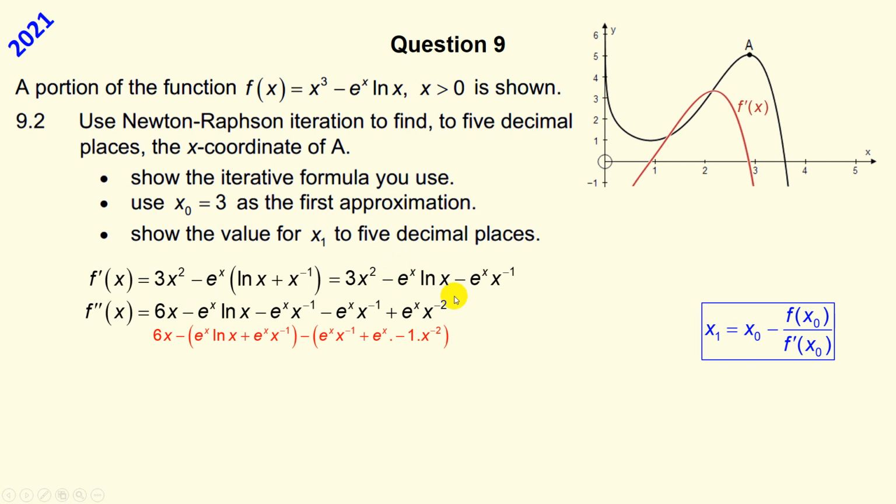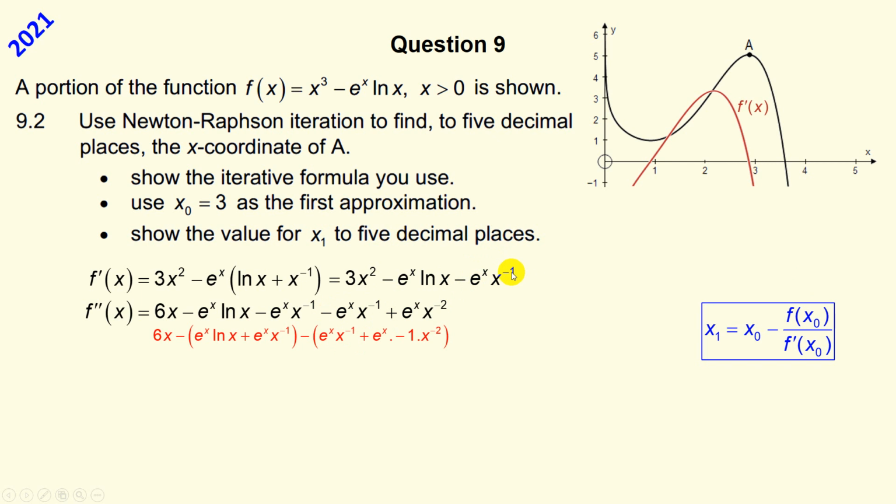It's the product rule, so I have the derivative of that, which is e to the x ln x, plus e to the x times the derivative of ln x, minus product rule again, e to the x times the derivative of x to the minus 1, plus e to the x times the derivative of x to the minus 1, which is minus 1 x to the minus 2.